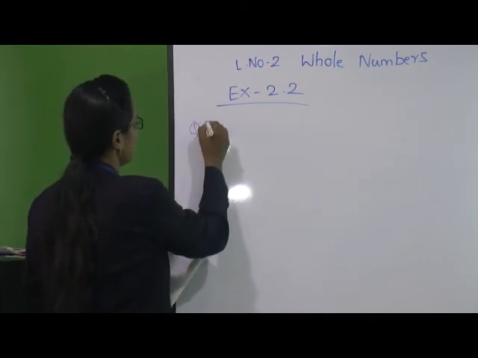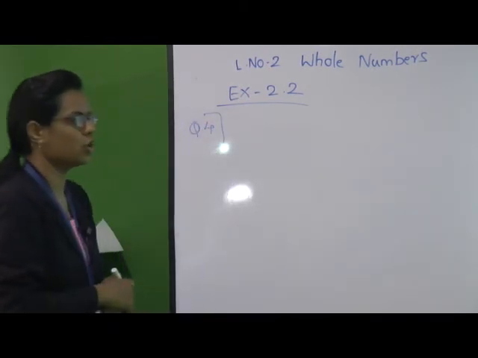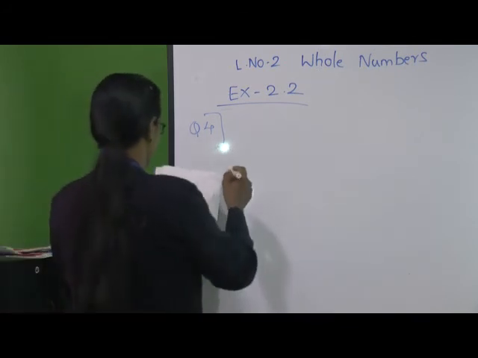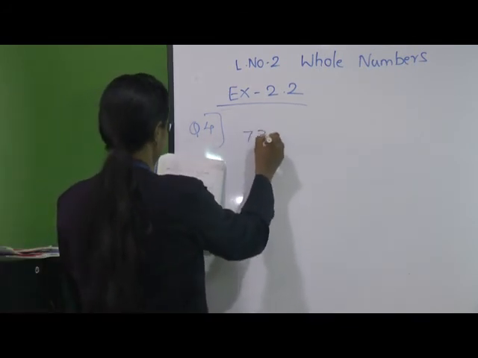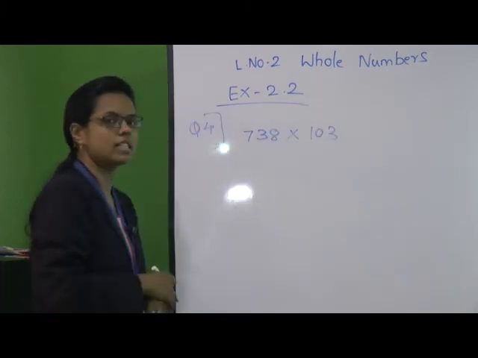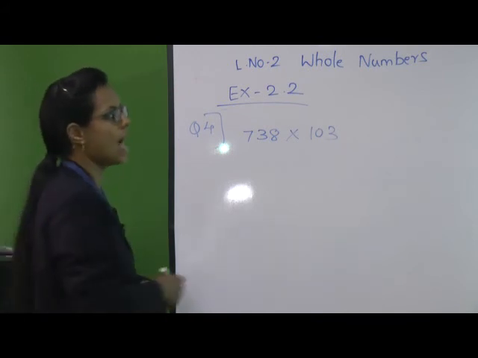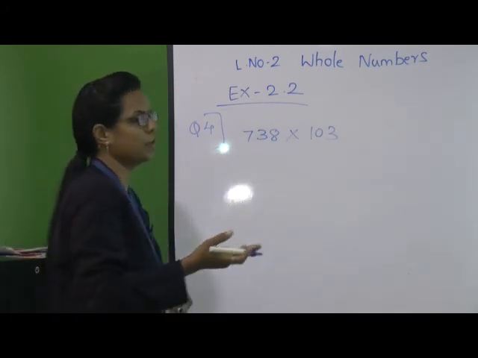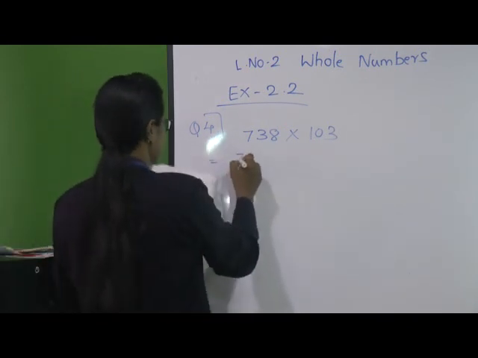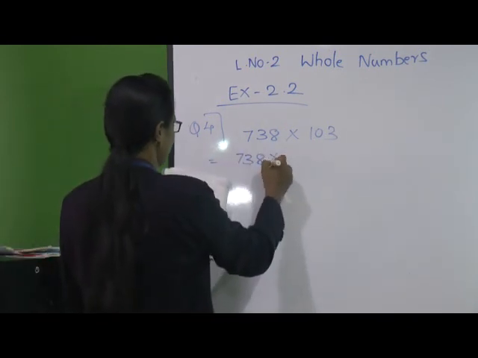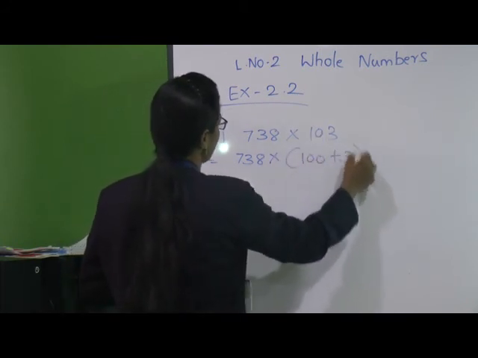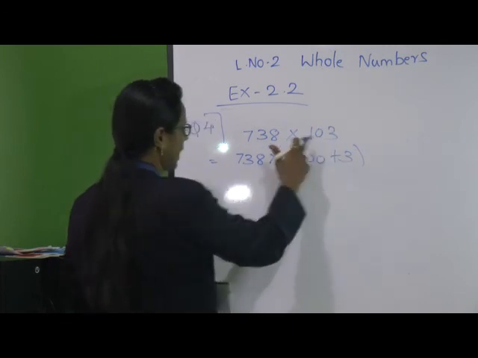Again, question number 4 is find the product using suitable properties. Okay. Let us see properties and solve it. 738 multiplied by 103. Let us solve this by using distributive property, as 103 can be distributed as 100 plus 3, right. Okay. See here, 738 multiplied by this we will distribute, it becomes 100 plus 3, 100 plus 3 is nothing but 103.